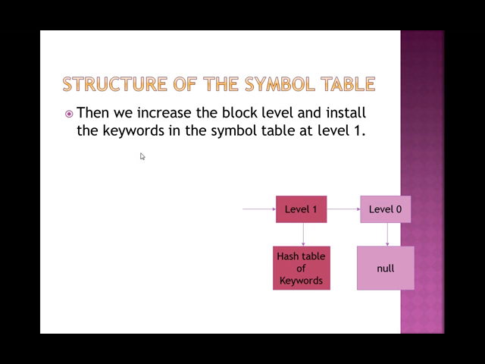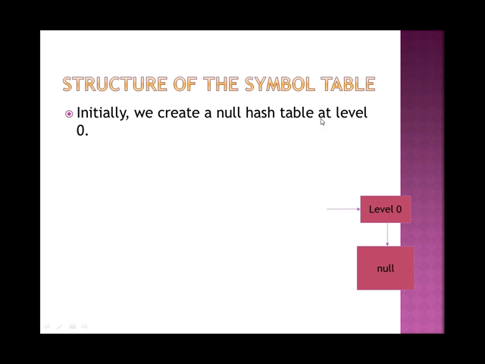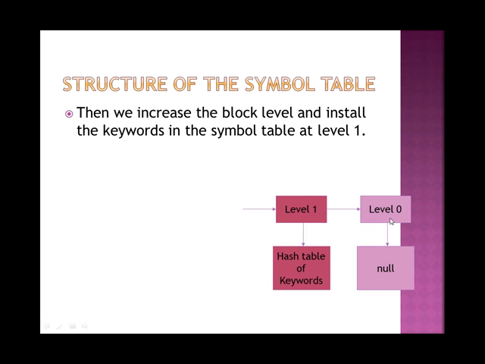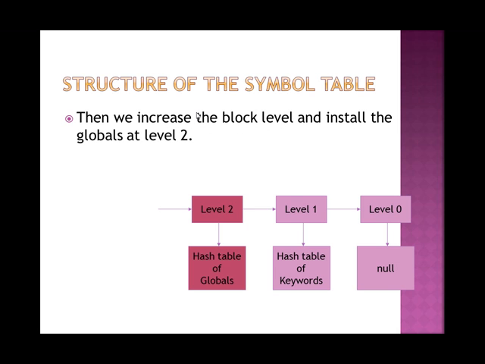Initially, we create a null hash table at level 0. Then we increase the block level and install the keywords in the symbol table at level 1, the hash table of keywords. Then we increase the block level and install the globals at level 2.